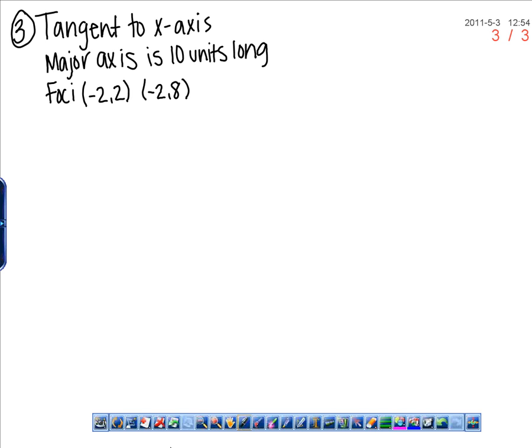Okay, let's go ahead and plot what we know. So negative 2, 2 is a focus, and negative 2, 8 is another focus.